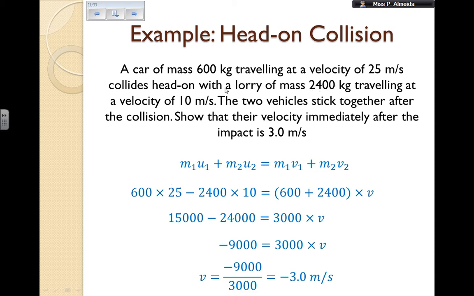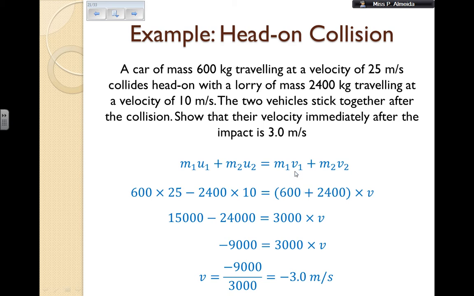Now, it collides with a lorry that is traveling at another velocity, but is head-on, so that means that 10 is in the opposite direction than the 25. So I would multiply by negative 10.